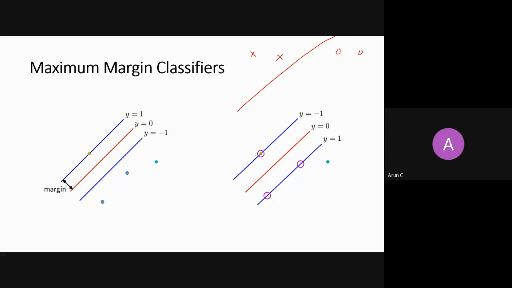If I find a hyperplane, I will compare only with respect to these 2 points because they are near to the hyperplane, and I will ignore the points which are farther from the hyperplane, right? I am only calculating the perpendicular distance with respect to the samples falling very near to my decision boundary. So the idea is to maximize the margin to minimize the generalization error, right?